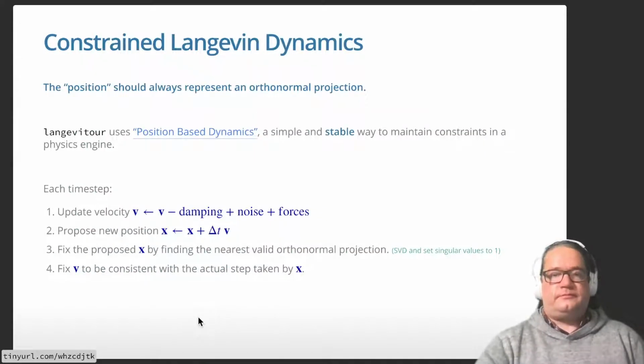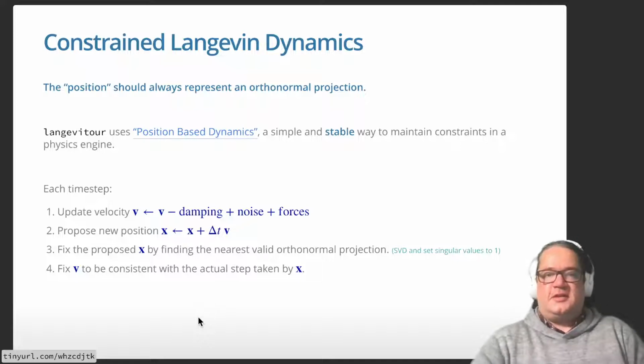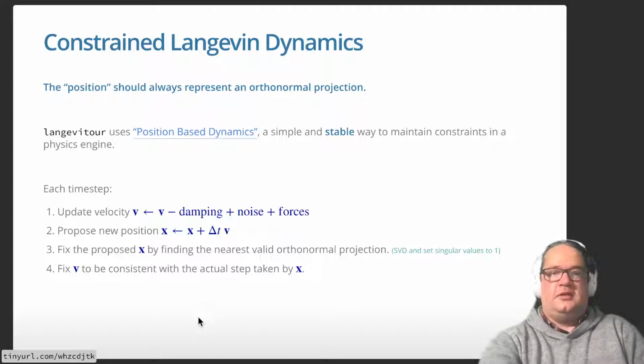Now, just a further complication here. We want our position to always represent a valid orthonormal projection. So what we really want is a constrained physics engine. So Langevitour uses something called position-based dynamics.